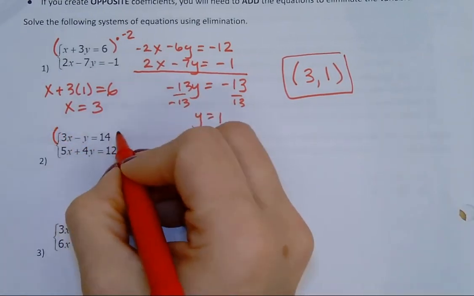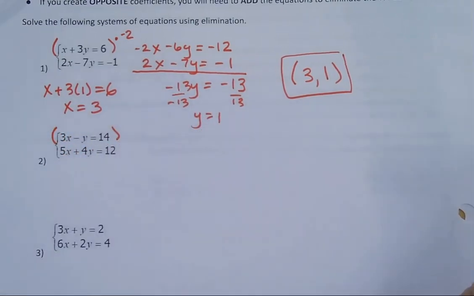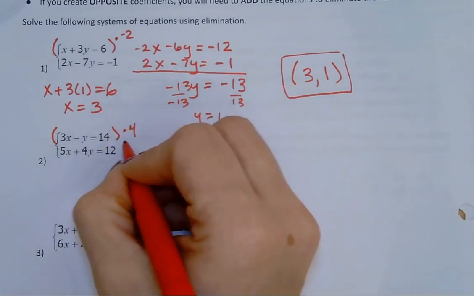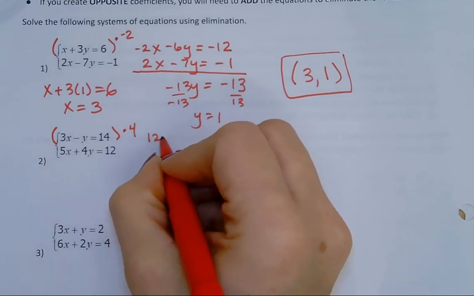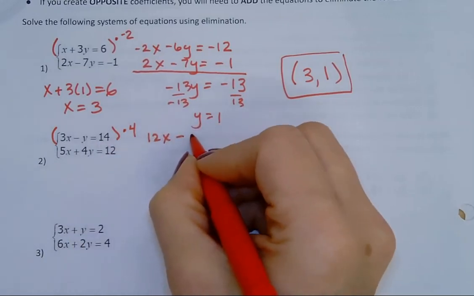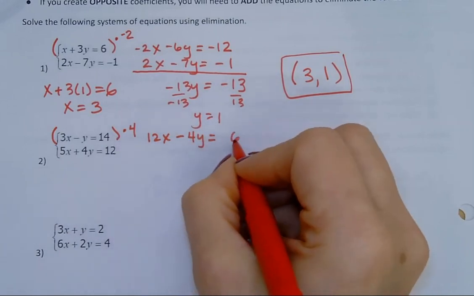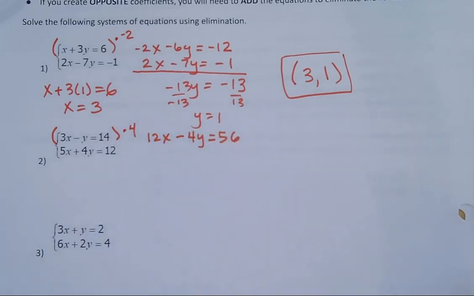Think about what you would multiply it by. We multiply it by positive 4. 4 times 3x is 12x, 4 times -y is -4y, and that equals 4 times 14, which is 56.